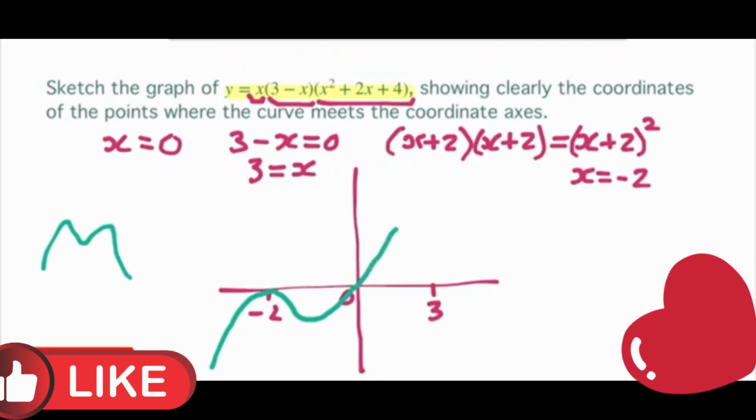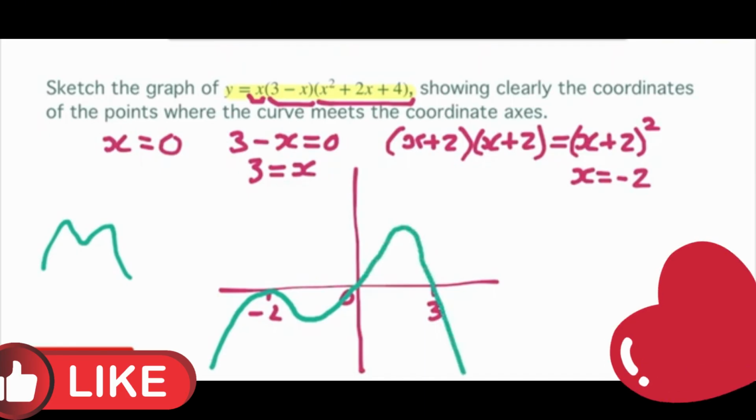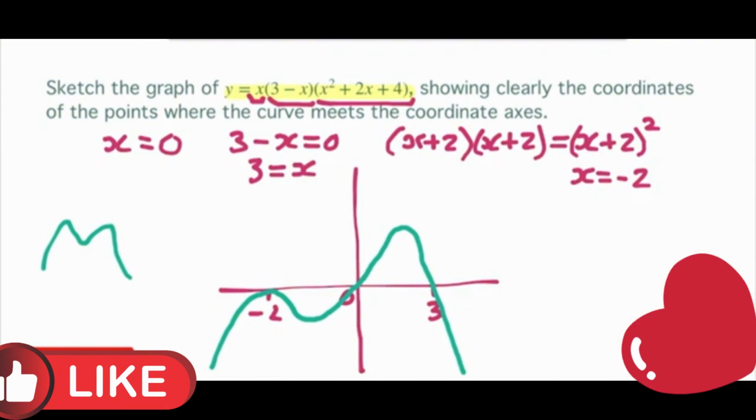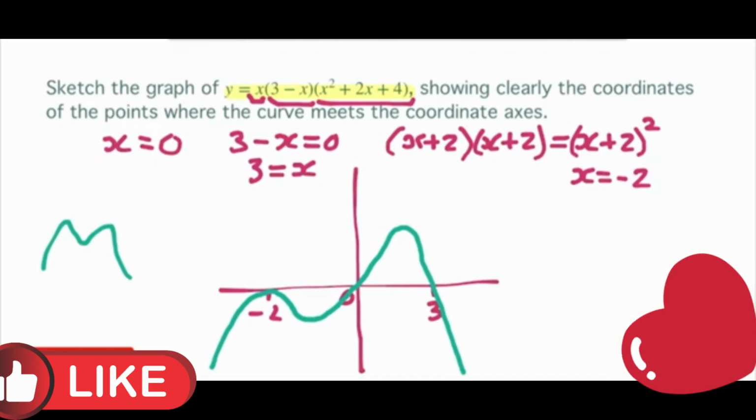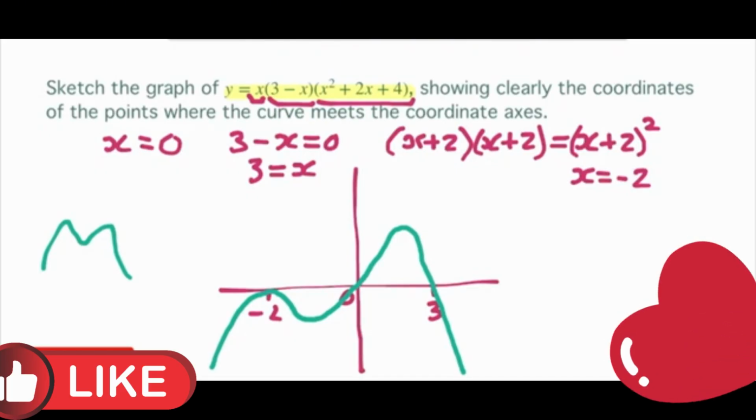And then it's going to go up a certain distance and it's going to come down through the 3. So you can see we have that negative quartic shape. And again, the first thing we had to be aware of was obviously that bounce there for our repeated root, but 0 and 3 were distinct roots, so it does pass through those points.